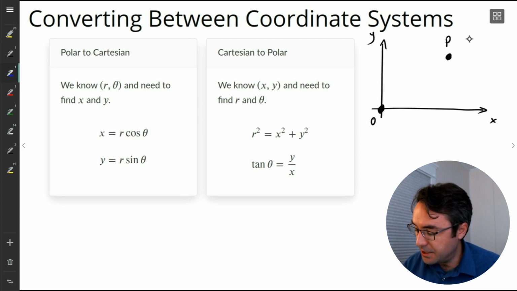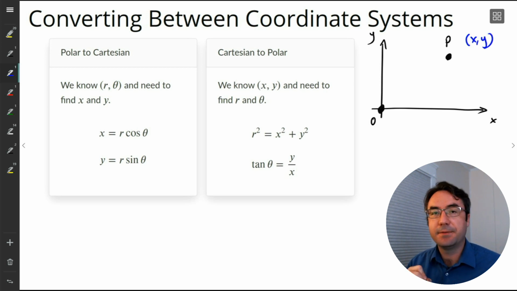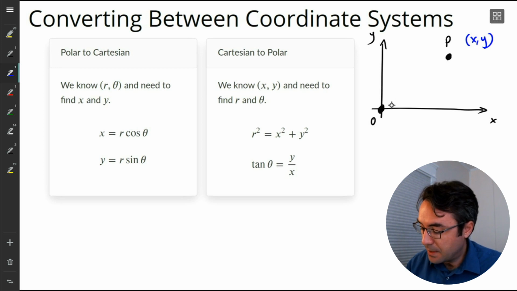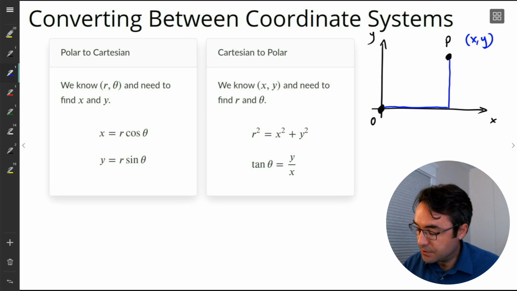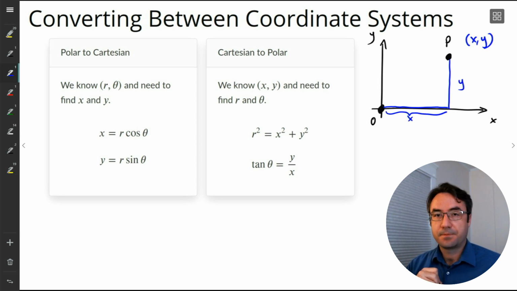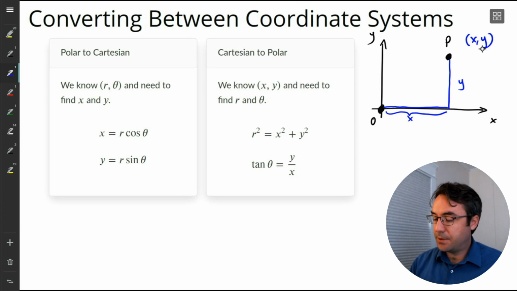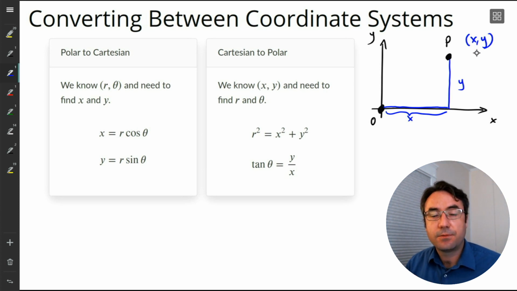So if we think in Cartesian coordinates, we can think of this point as x comma y. And so what x and y measure, x measures the horizontal distance here, and then y measures the vertical distance. So that's what rectangular coordinates represent.